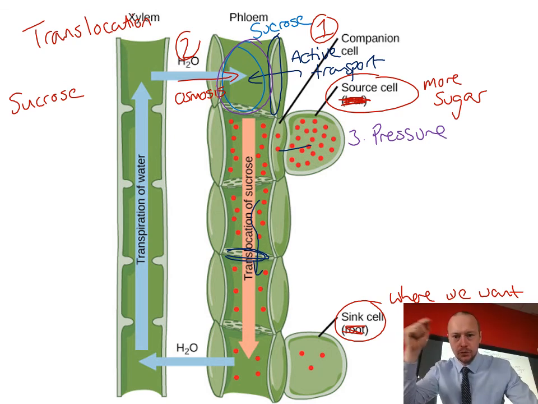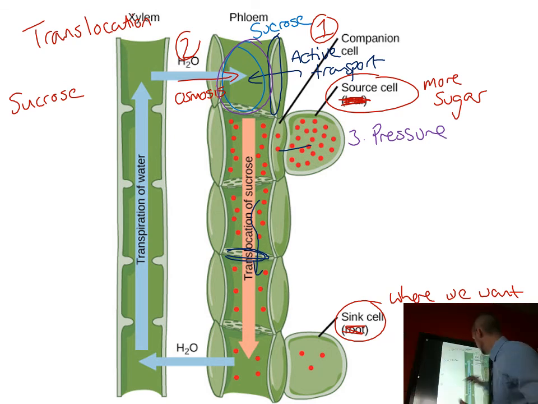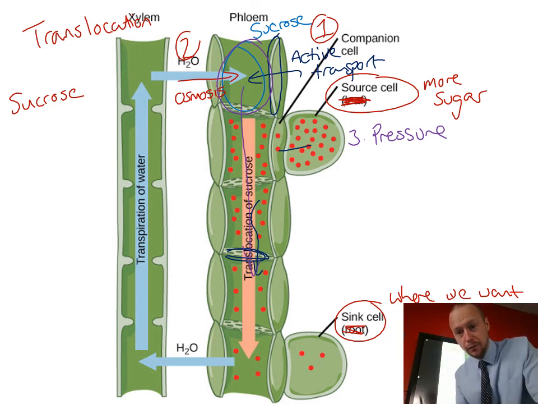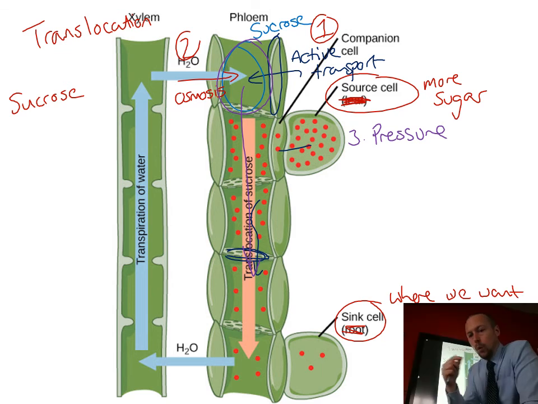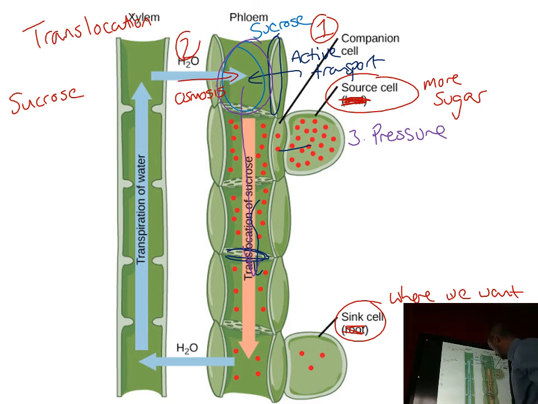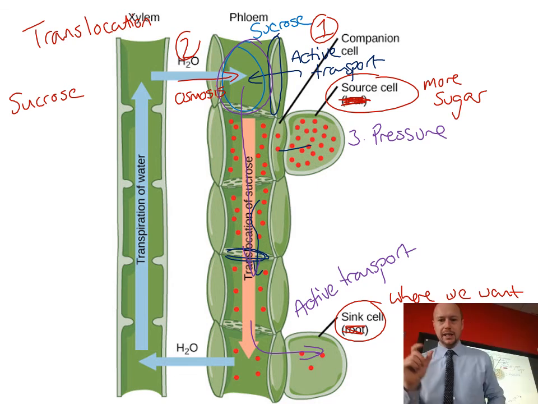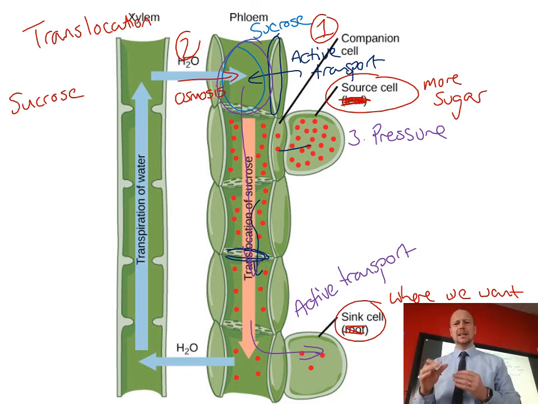So this moves all of that solution down through the phloem. When it gets to where it wants to go, where there's less sugar, then the sugar will either diffuse into the sink cells or active transport can happen. And the sucrose in that cell can then get made into starch.